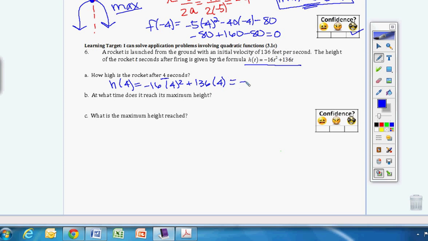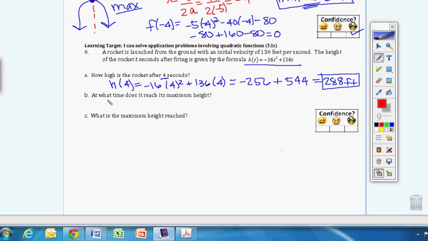This is going to be -256 plus 136 times 4, which is 544. That leaves me with 288. So the rocket will be at 288 feet at 4 seconds.